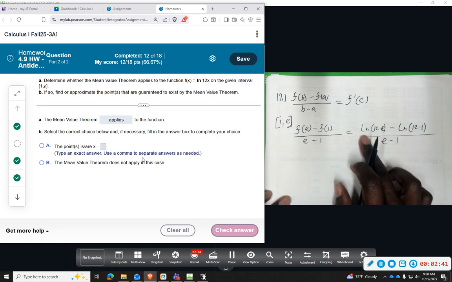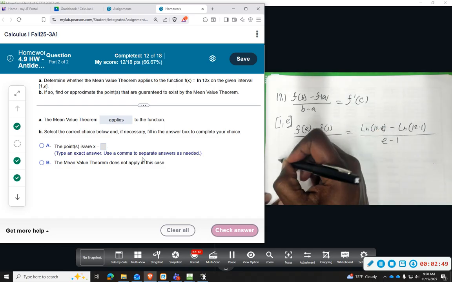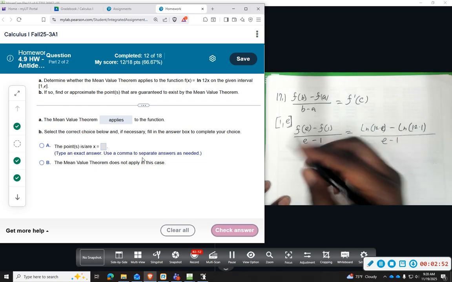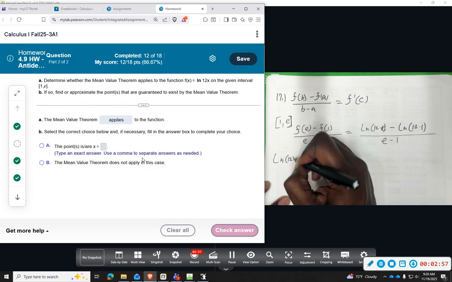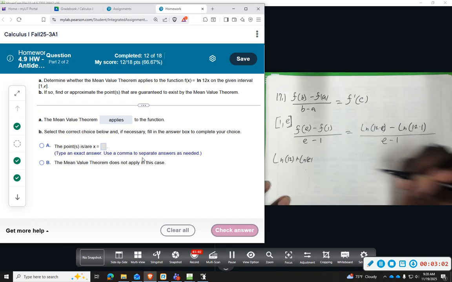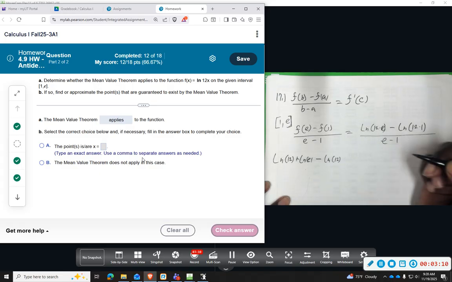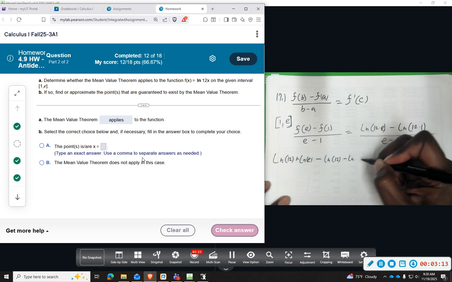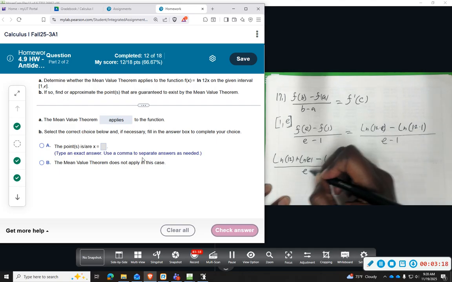Now, with properties of log, if you multiply, kind of like properties of exponents, you can rewrite this as addition. So we're going to rewrite this so I don't have to use a calculator. This can be rewritten as ln of 12 plus ln of e, and then you distribute this negative to both of these, so it will be minus ln of 12, and then minus ln of 1, and it's still over e minus 1.